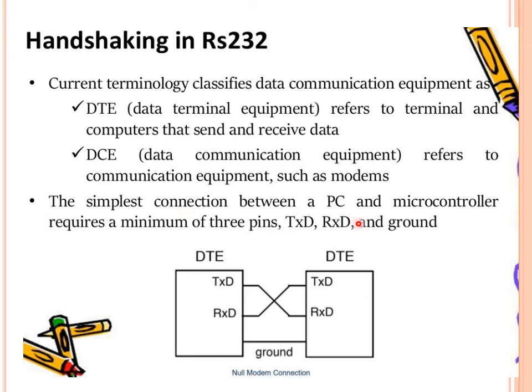The simplest connection between a PC and a microcontroller requires a minimum of 3 pins: TXD, RXD and ground. The transmitter of the male connector is connected to the receiver of the female connector, and the receiver of the male is connected to the transmitter of the female.